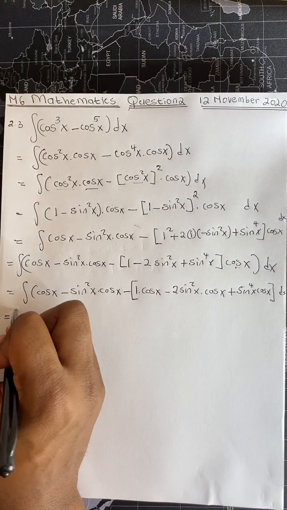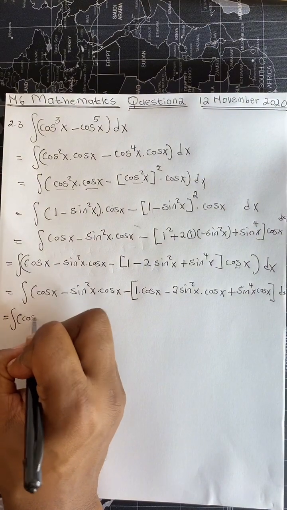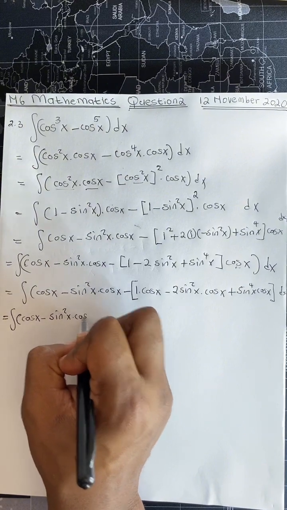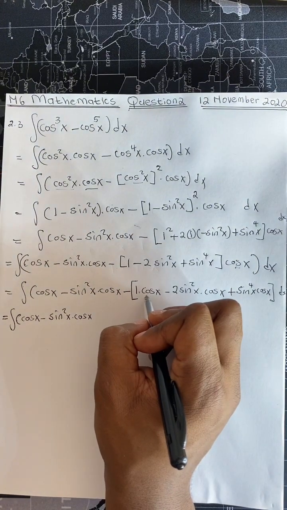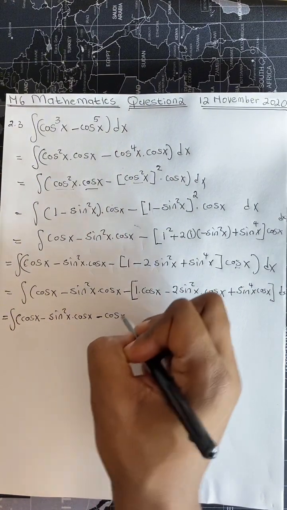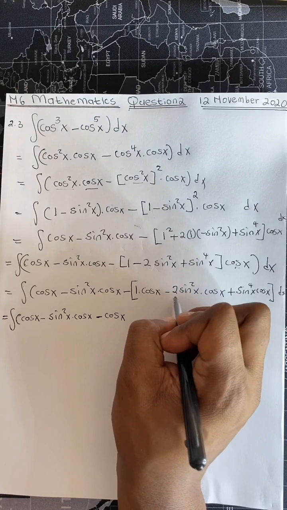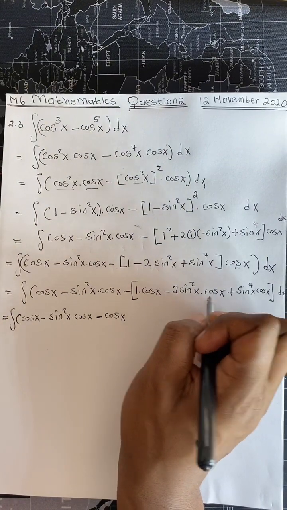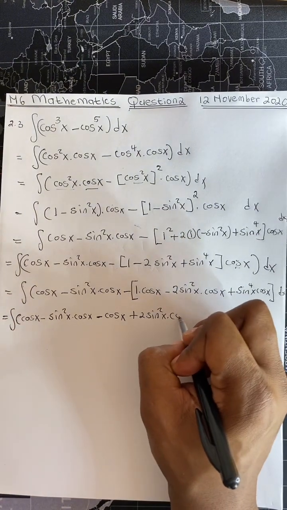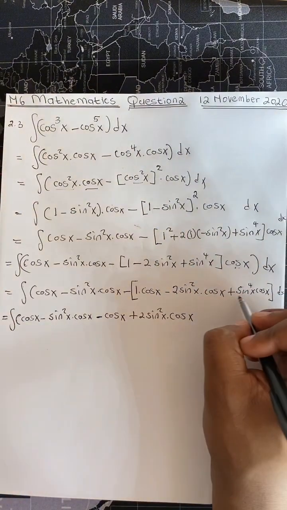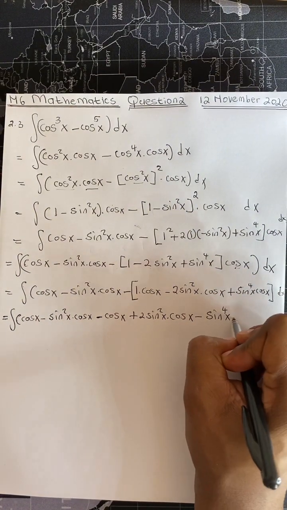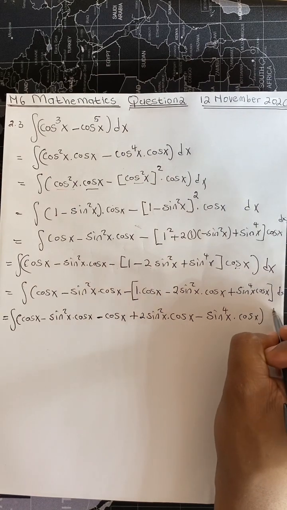So we can now distribute the negative sign. So negative multiplied by positive cos x will be equal to negative cos x. Negative multiplied by negative 2 sine squared cos x will be equal to positive 2 sine squared x cos x, and this negative multiplied by that positive will be negative sine to the power 4 x cos x dx.